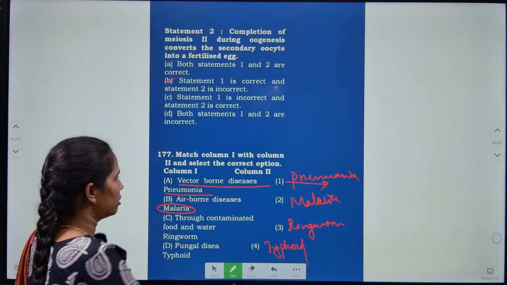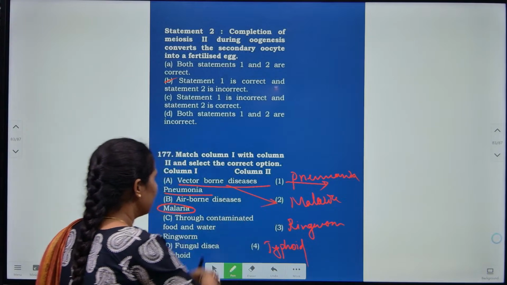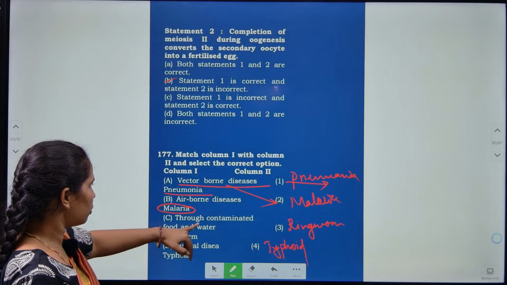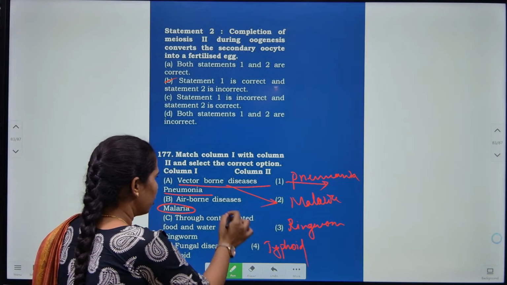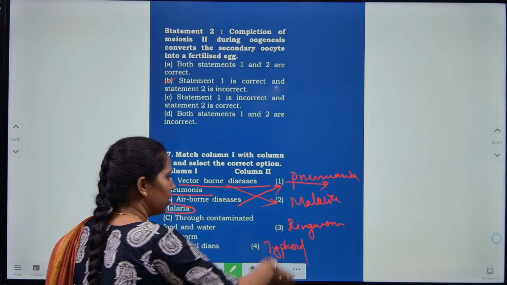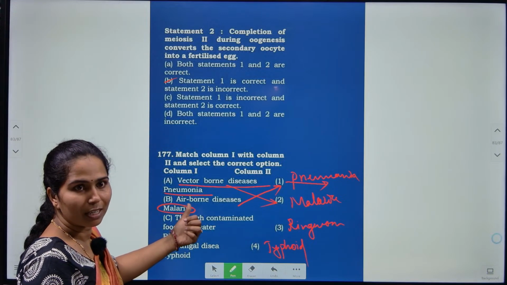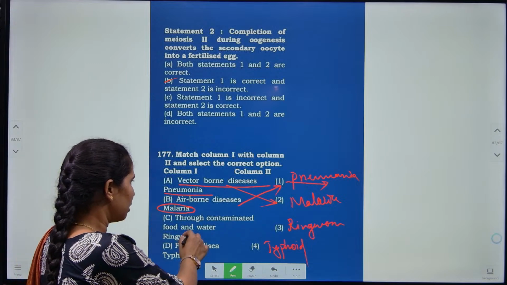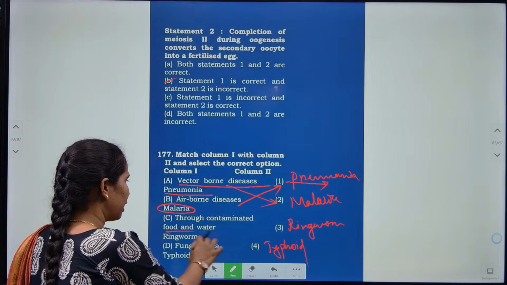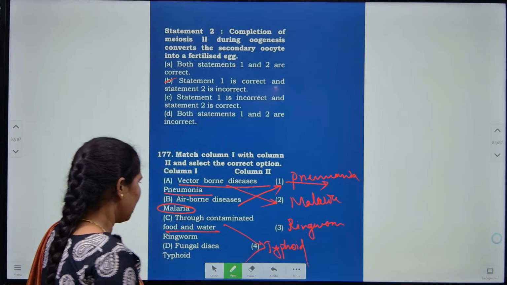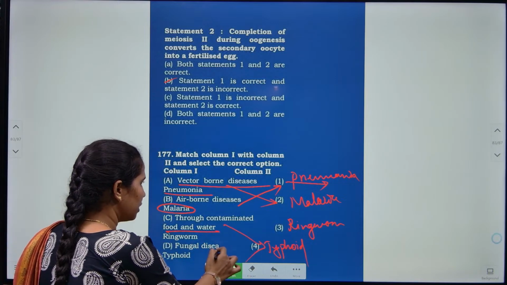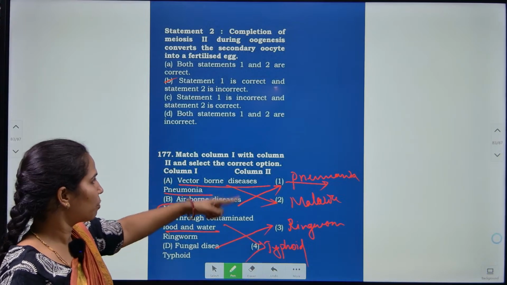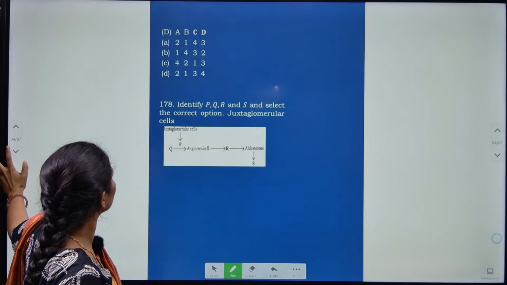So vector borne disease will be always the malaria. So A is with 2. Airborne disease here, then through the contaminated food and water. So airborne disease will be pneumonia, okay, because it is being transmitted through the inhaling of the droplets of the infected person. Next comes through the contaminated food and water, it is always the typhoid here, and the fungal disease, ringworm, is a fungal disease. So I have matched it, and just see the option here.